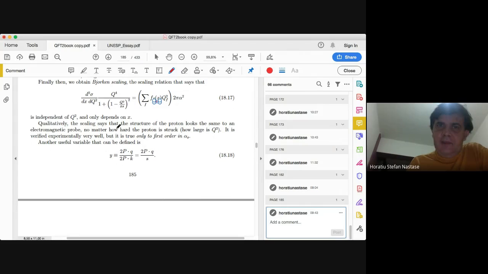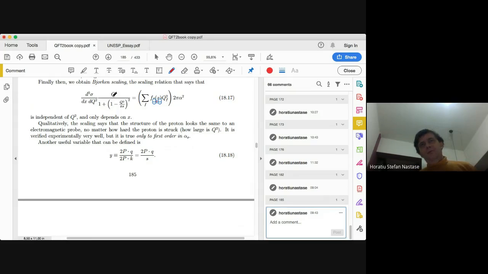What this means qualitatively is that what we're doing is we collide the electron with a proton, and in this process there is a corresponding momentum transfer that's parameterized by q squared.